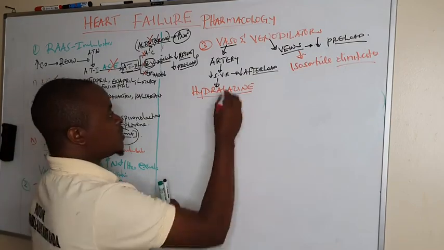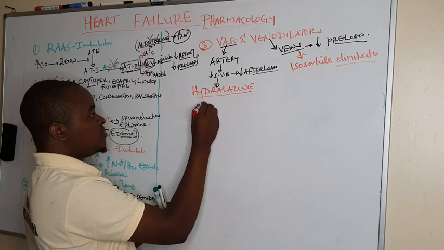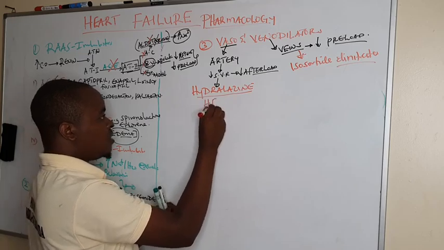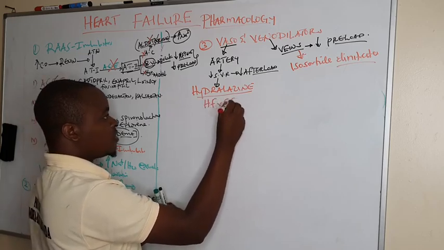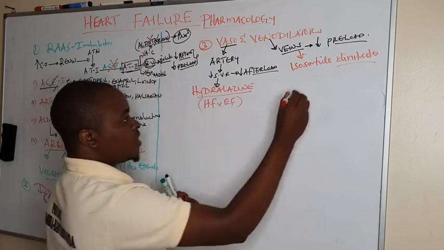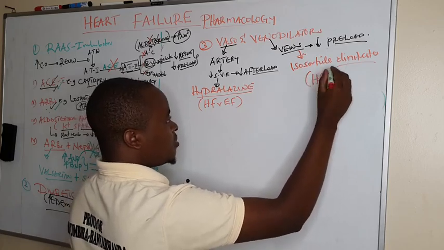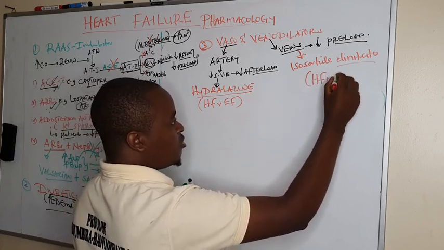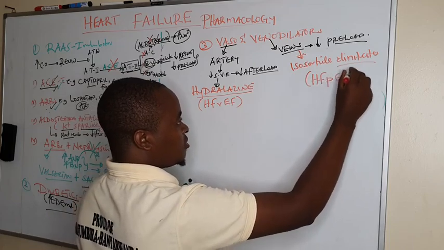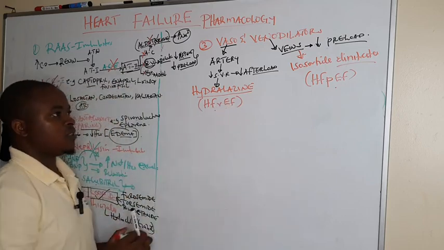So we are seeing this one is targeting treatment of heart failure with reduced ejection fraction. Then this one treats heart failure with normal ejection fraction. This is diastolic, this is systolic.